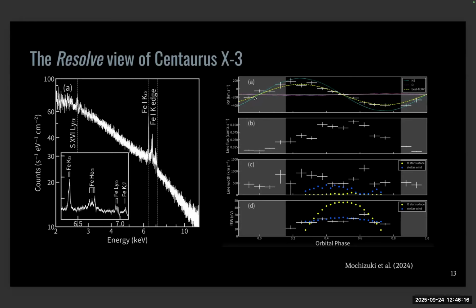So what we see here is that the line also shows the sinusoidal variation as a function of orbit, but the velocity amplitude is significantly higher than what you would get from the O star.